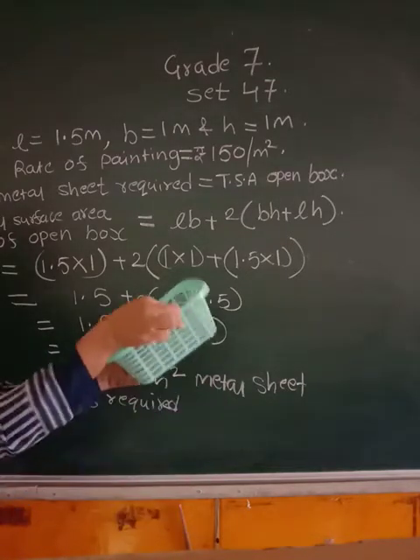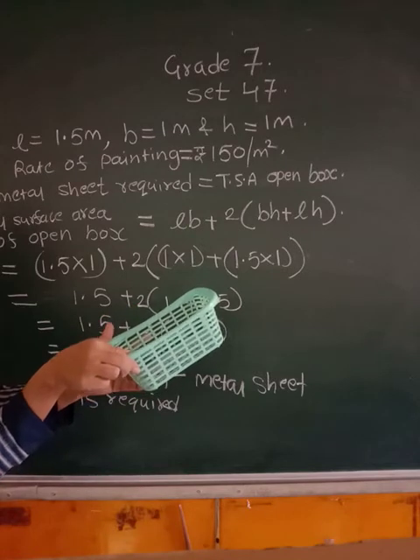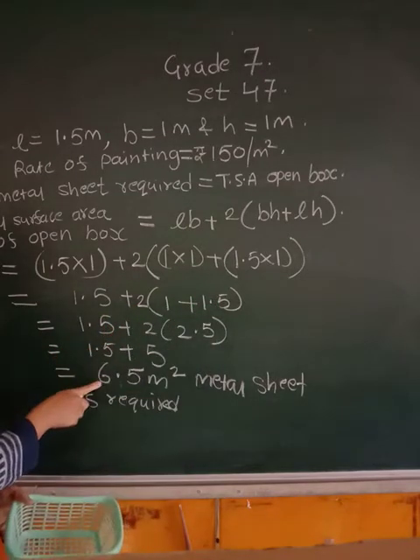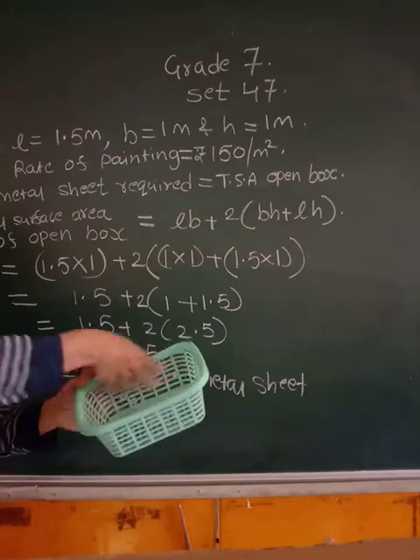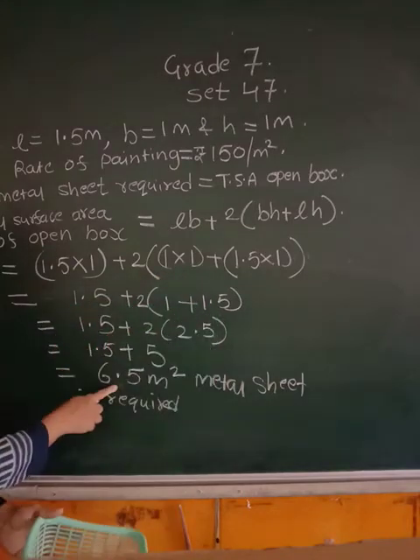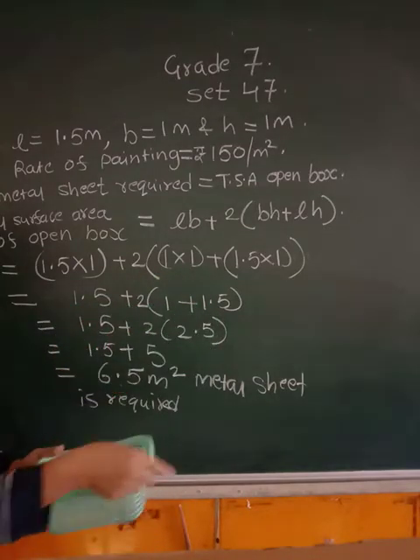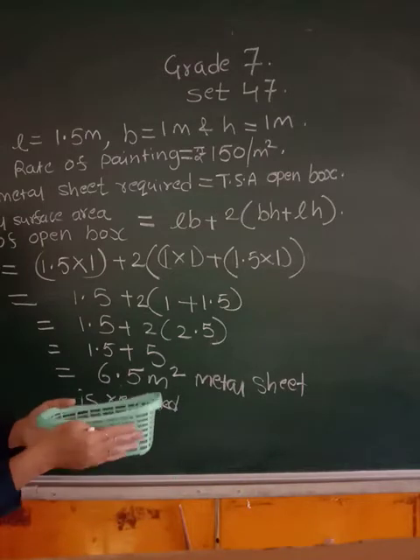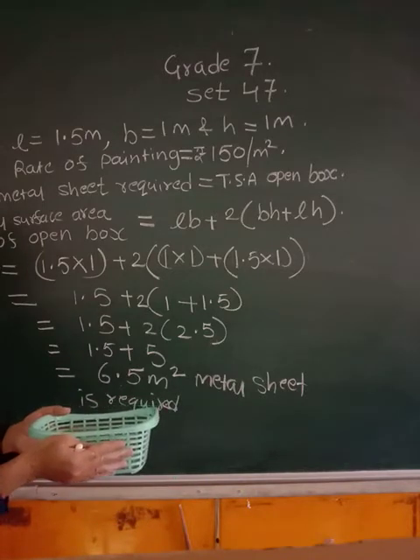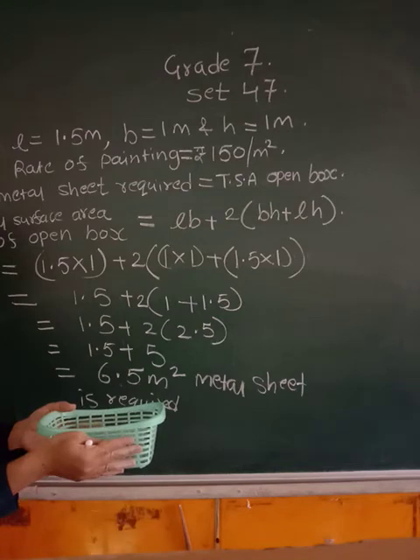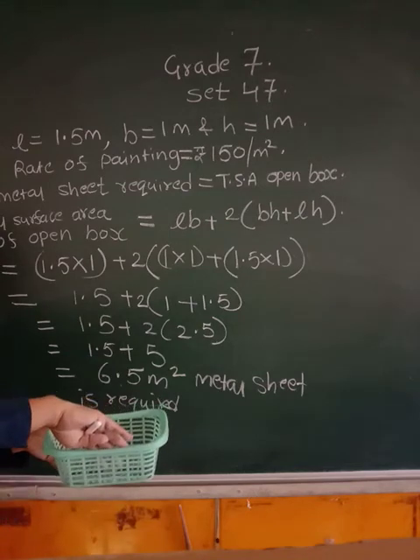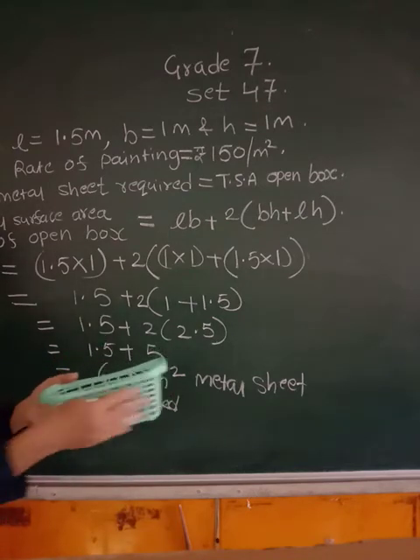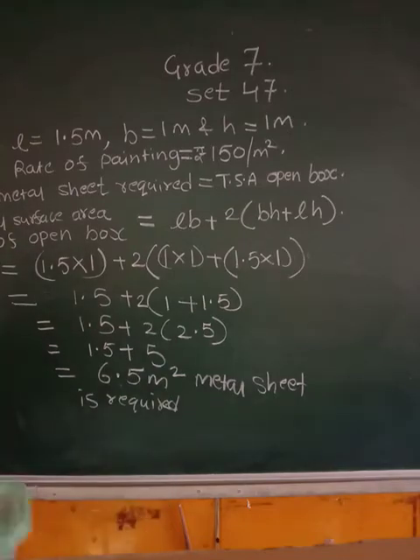Inside it is 6.5 meter square, outside it is 6.5 meter square. Here we have to paint and here also we have to paint. So that is the amount of area to be painted.